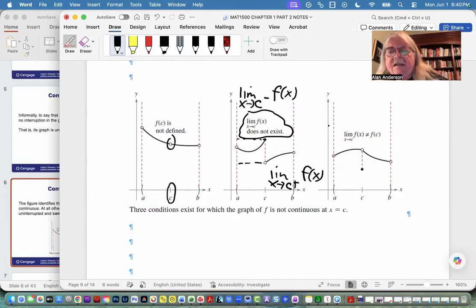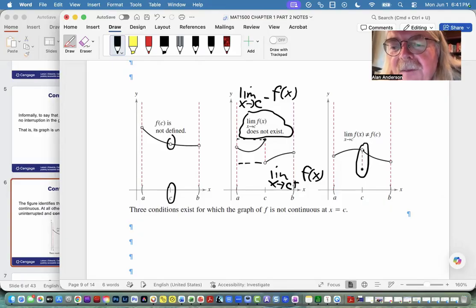Okay. And then here, now look, this is kind of interesting. There's a hole in the graph, but there's also a point here. So in other words, what this is saying is that this is a smooth continuous function, except here, where there's the sudden jump from the hole down to the solid circle. So the limit is here. Hold on one second.